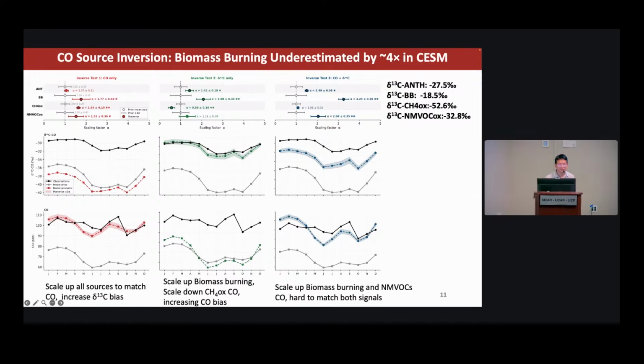And in inverse test 3, where we need to match both signals, we find the model is struggling to match both signals. We can improve, but we cannot make the posterior very close to the observations. So we are still optimizing the inverse framework, like using different covariance to better address this issue.